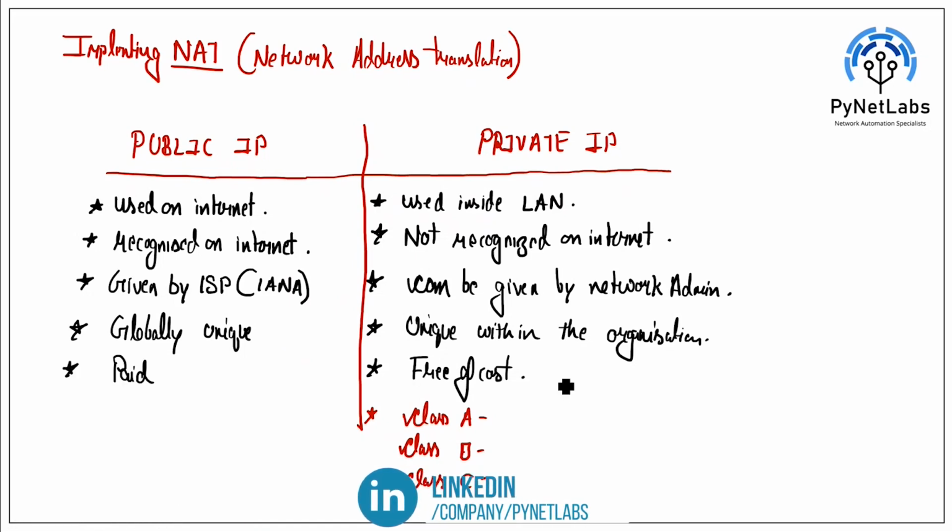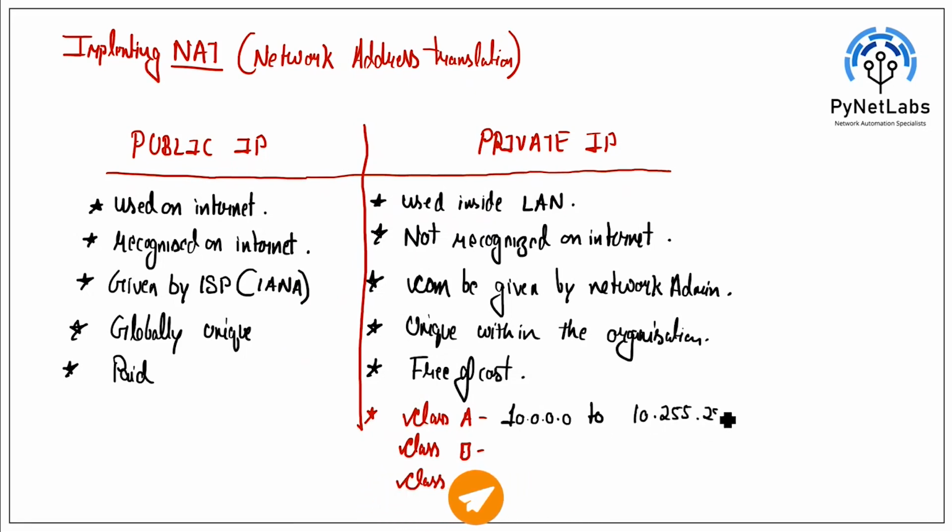The range for class A is 10.0.0.0 to 10.255.255.255, which means if you are using class A IPs in a private organization or in your local area networks, you can use this range of IP addresses.